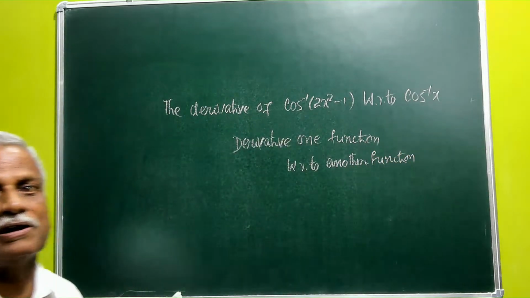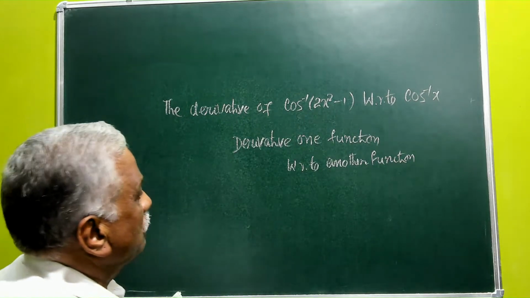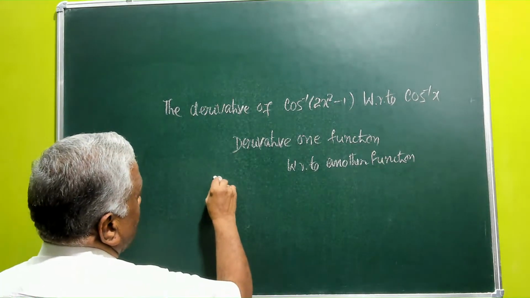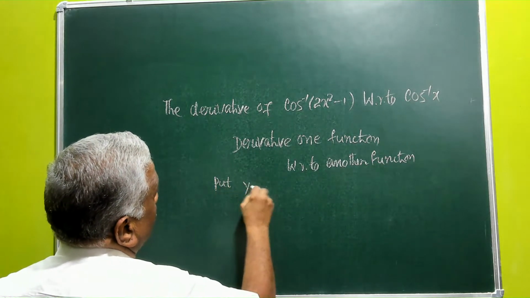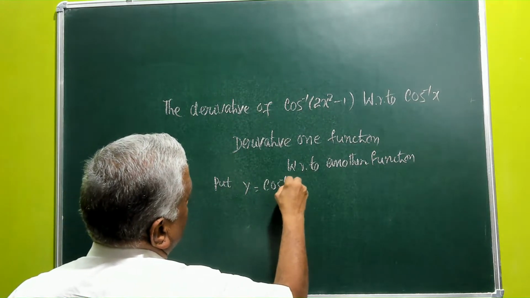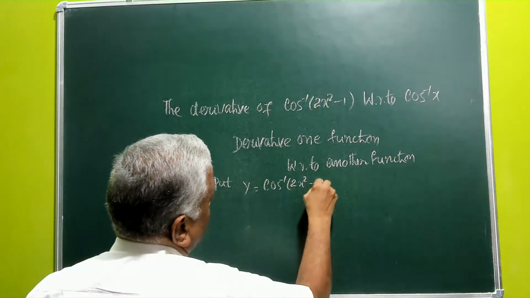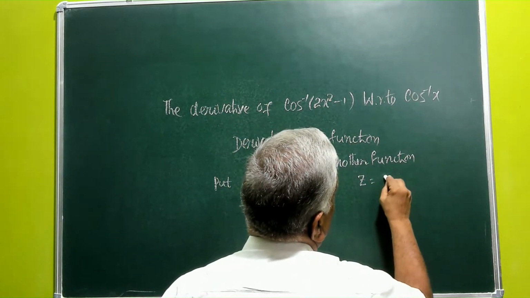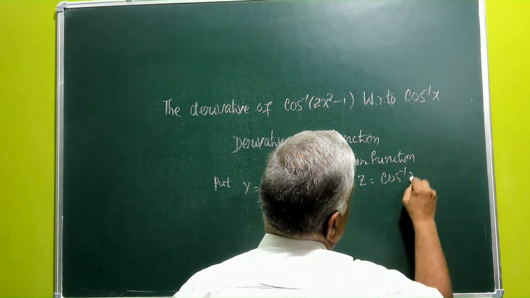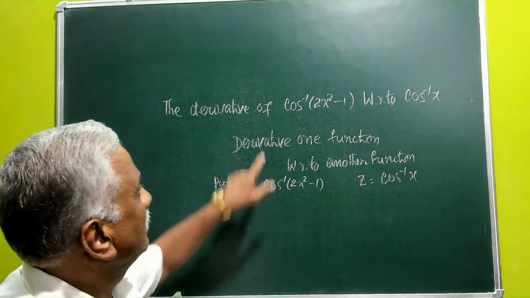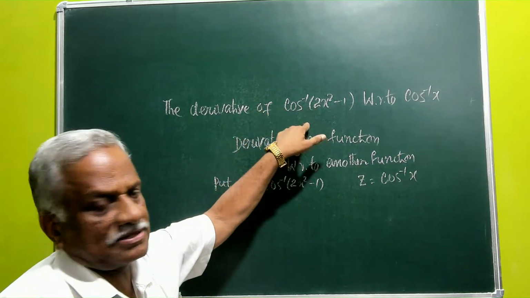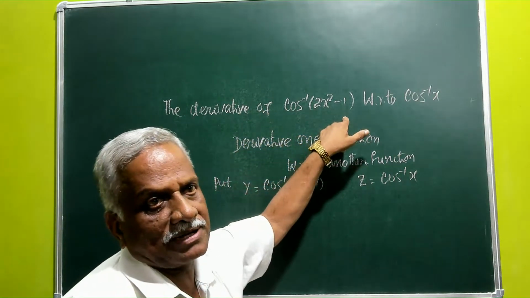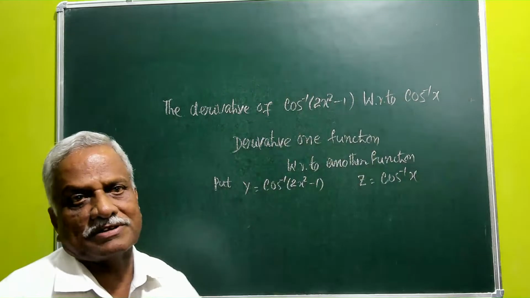It is something similar to parametric differentiation. So what we do is we put y is equal to cos inverse of 2x square minus 1 and z is equal to cos inverse x. Now read the problem. Derivative of cos inverse 2x square minus 1 with respect to cos inverse x.